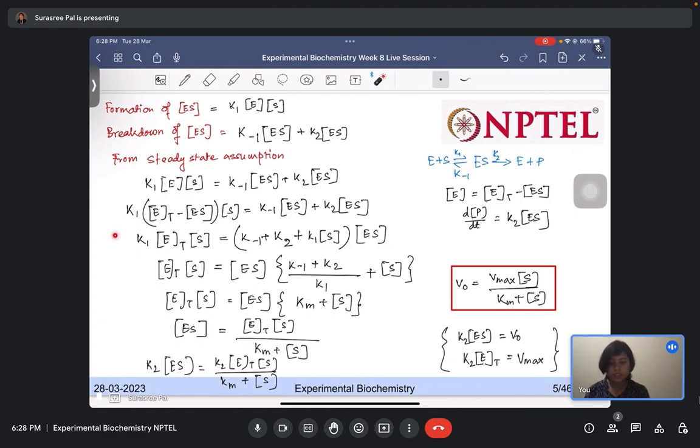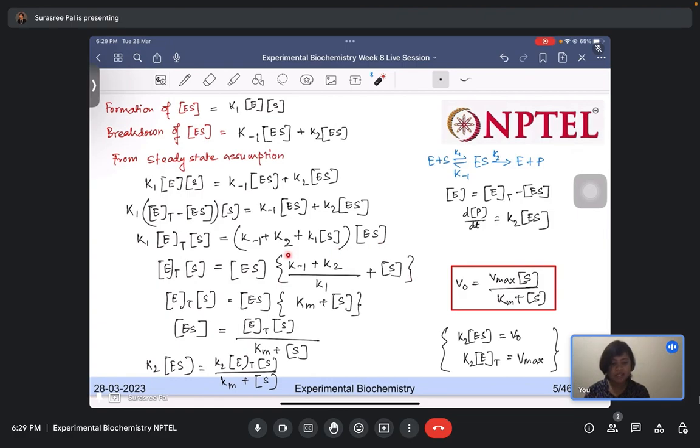In the next step we divide both sides by K1. So ET into S becomes equal to ES into K minus 1 plus K2 by K1 plus S.